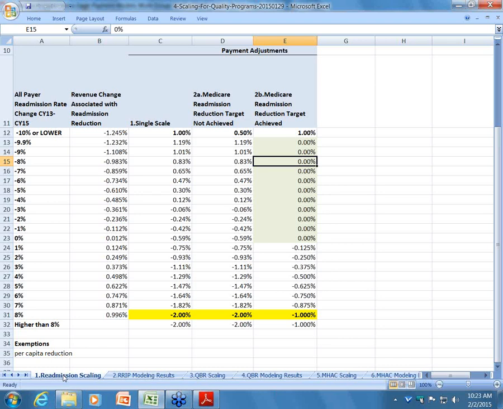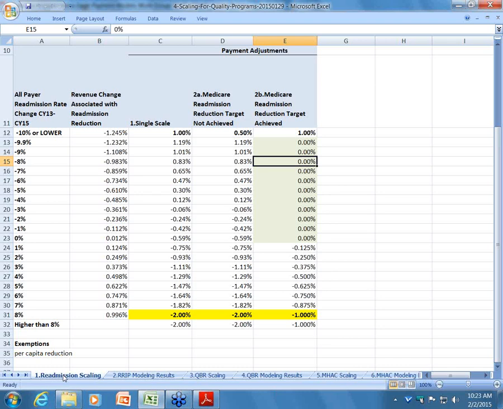Currently, this is 0.5%, so we are doubling the positive incentive on the single scale. And then, well, this has to be negative. I'm sorry, there is a mistake on the 5. After that, they all are negative. So this is not correct.